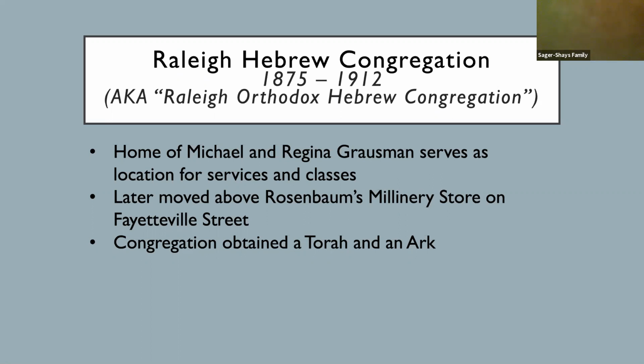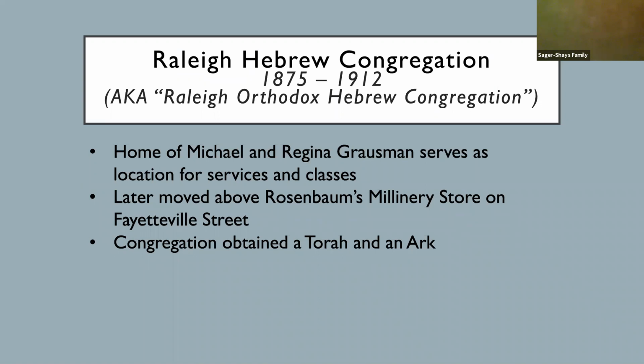The predecessor to Beth Meyer Synagogue, the name we had was House of Jacob. Before that, there was the only game in town, which was an Orthodox group called either the Raleigh Hebrew Congregation or the Raleigh Orthodox Hebrew Congregation. Again, Michael and Regina Grossman's homes served as the location for teaching the children and for holding services.